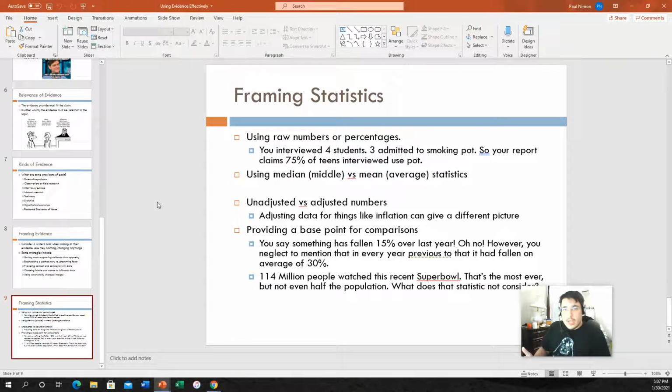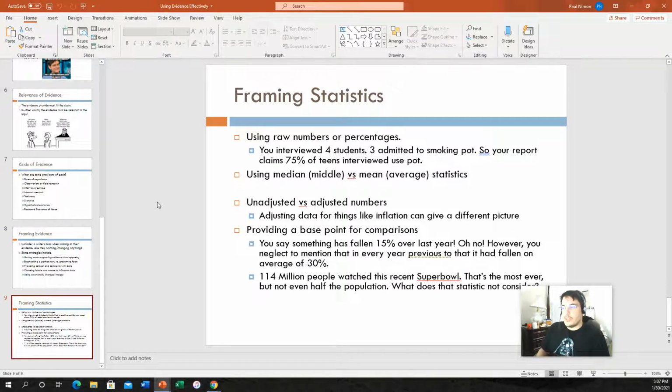I mean, technically I'm right, 3 out of 4 is 75%. But look at my numbers. I only interviewed 4 kids, and I didn't specify what illegal activity I was talking about. So I was framing my statistics in a way to make my story seem better. You always have to be careful about that.